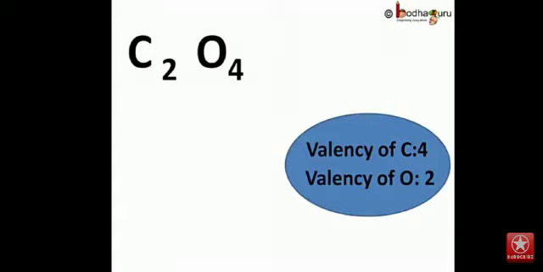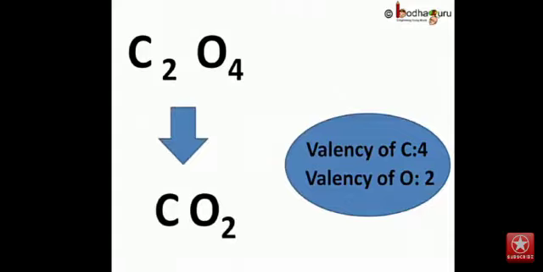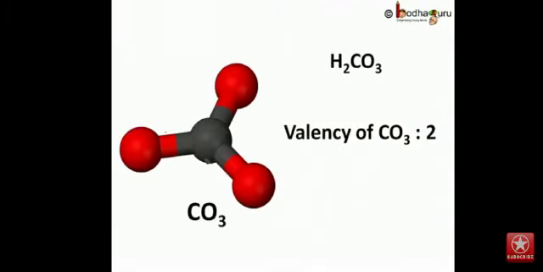Basically, interchange the valencies of the combining atoms. So we get C2O4. Now, 2 and 4 have a common factor, 2. So we divide both by 2 and we get C1O2. We don't need to write 1. So the chemical formula of the compound carbon dioxide is CO2.